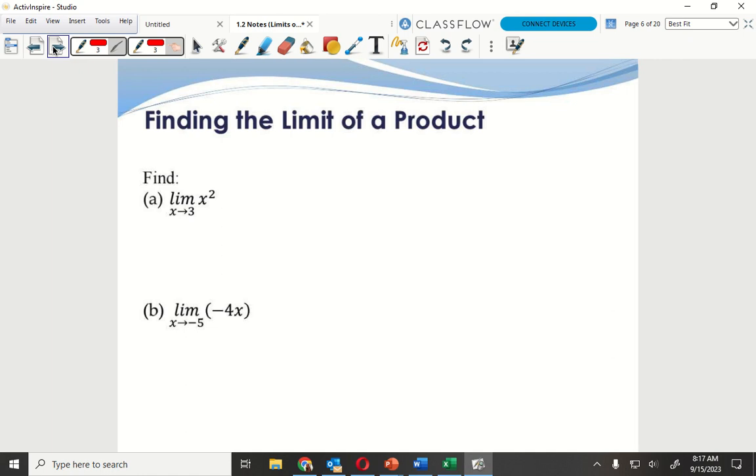I'm not going to have any undefined places because all these are basic functions. So if I plug in 3 right here, as x approaches 3, it's going to be basically just x squared, which is 9.